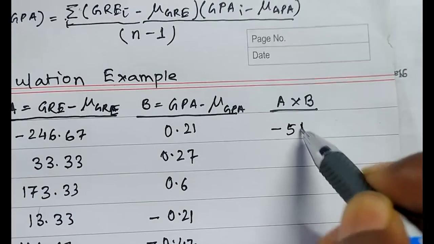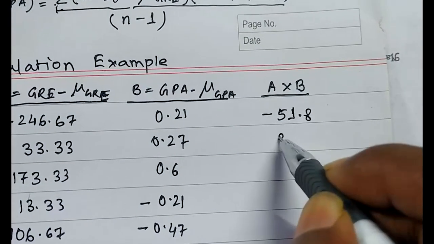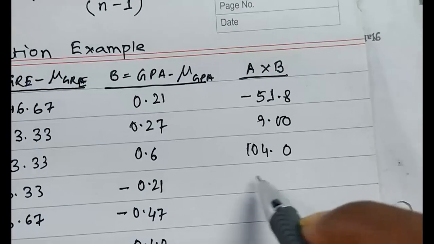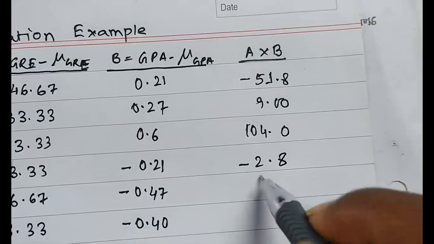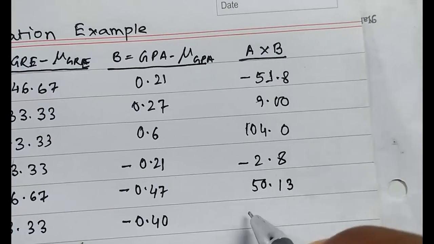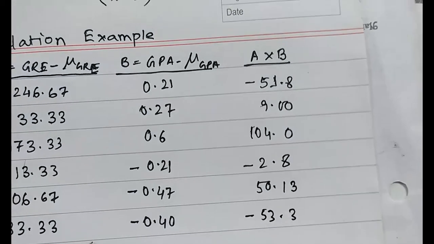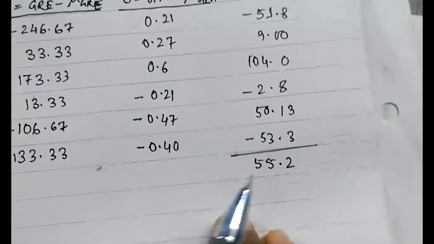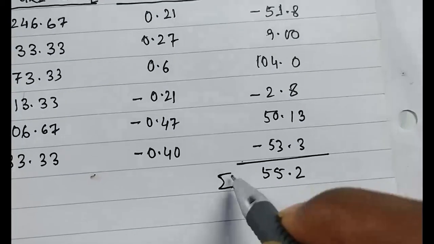This will be minus 51.8. This will be 9.0. This will be 104.0, minus 2.8, 50.13, minus 53.3. This is 55.2. The summation of AB is equal to this.